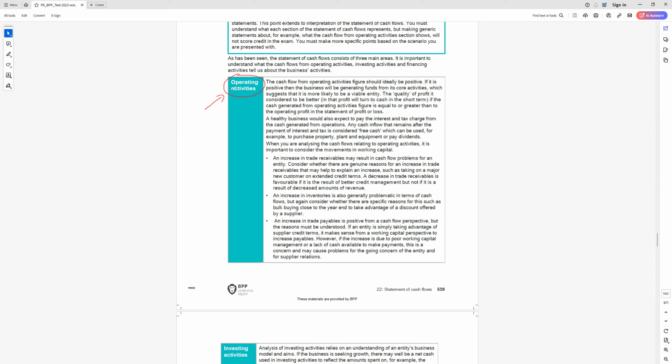So for example, last year your outstanding trade receivables were 200,000 and this year they are 100,000. So it looks like you are collecting the money better from the credit customers. But on the other hand, it is possible the customers are declining, so you don't have many customers now. That's why you're receiving more money. So you need to be very careful with that.